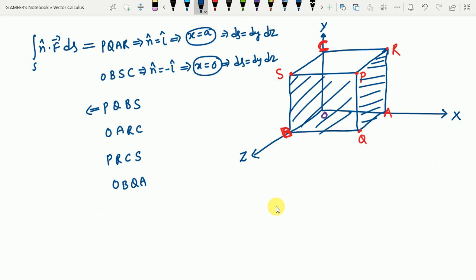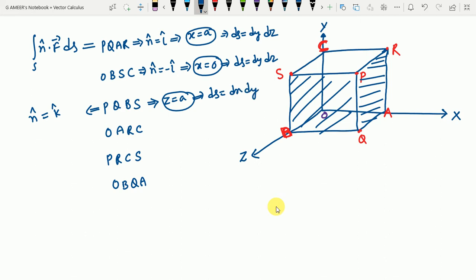So it is like this. The normal to this will be along the z axis, that is k. So in this plane, z is equal to a. Then what about the ds element? The ds element will be dx dy.